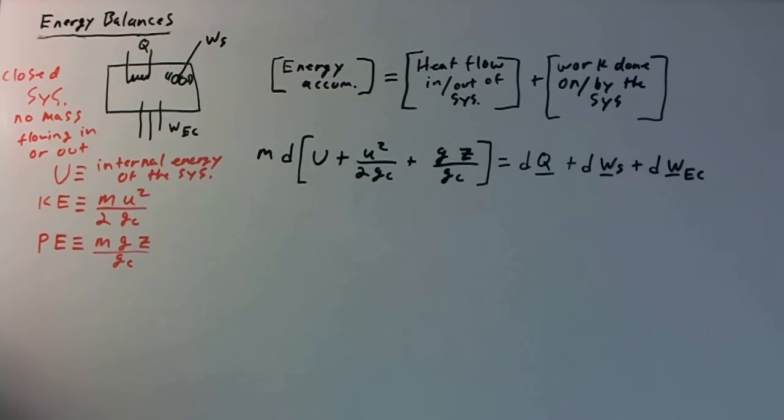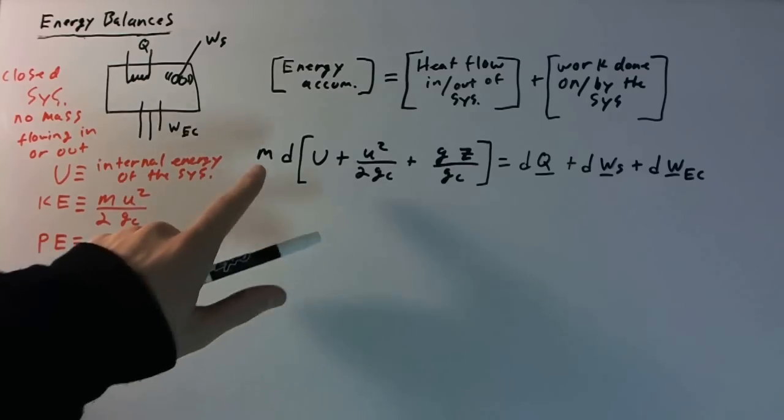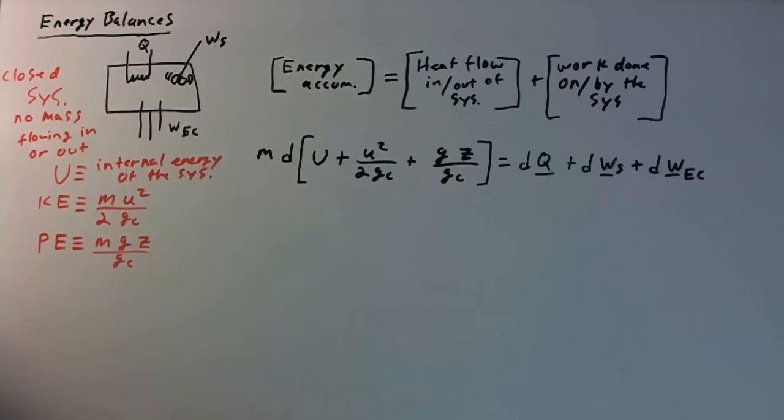So if we're assuming that the mass here is constant, I can divide both sides by mass and get something like this.